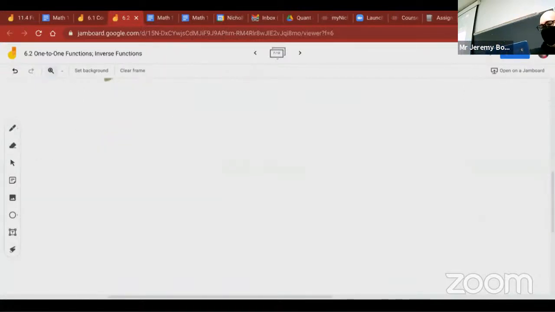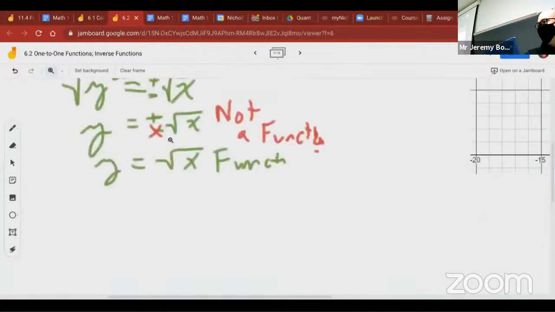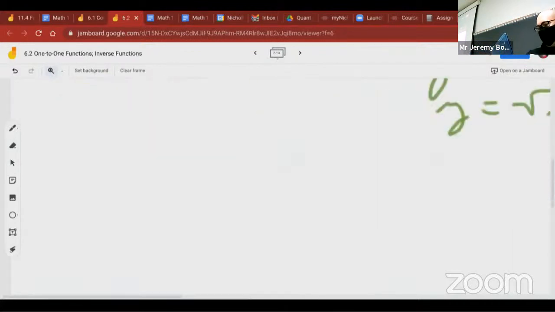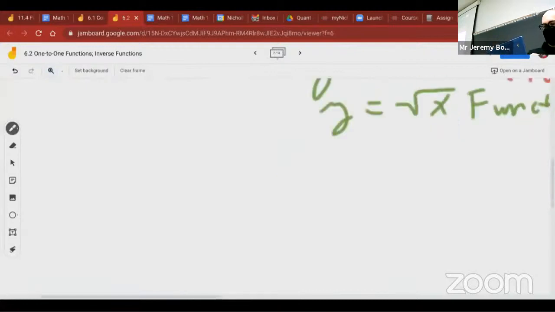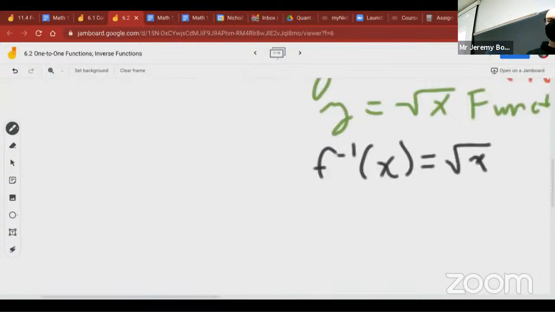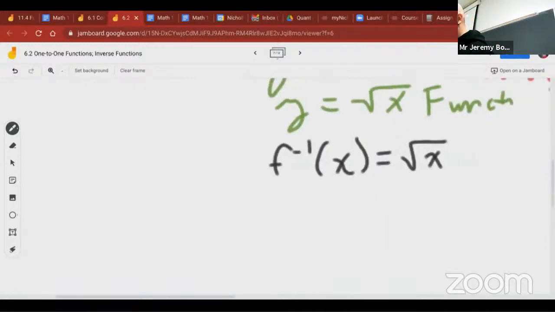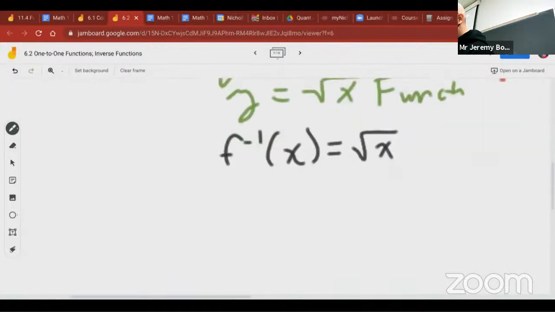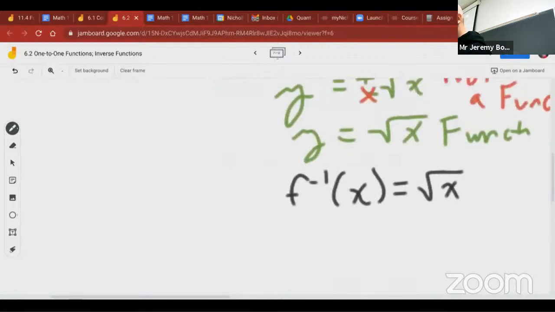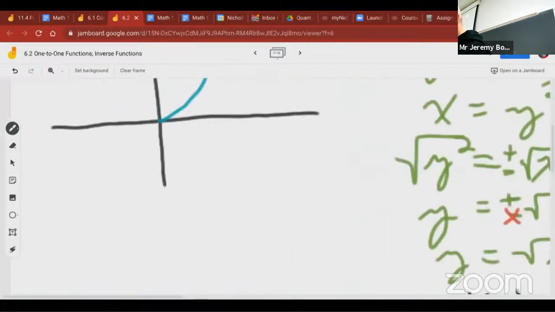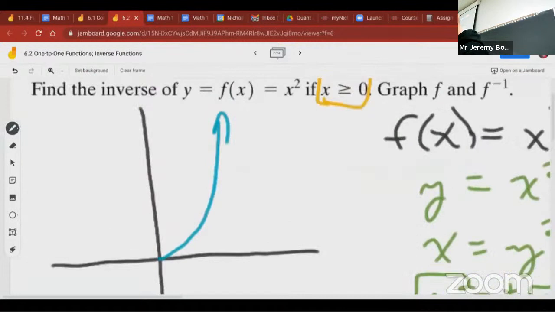Okay, so we have our function, but we need to write it as an inverse. So we're going to write it as f inverse of x. And that inverse function, let's actually graph it and talk about it.